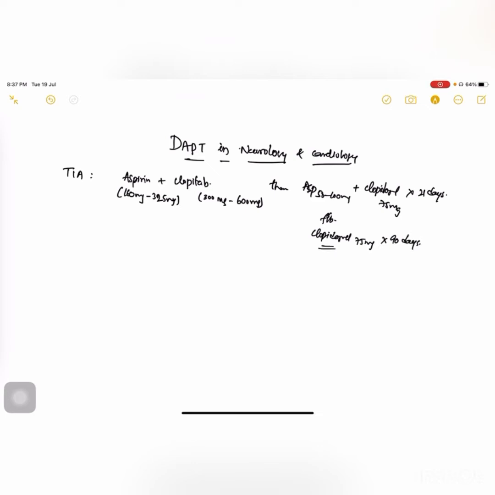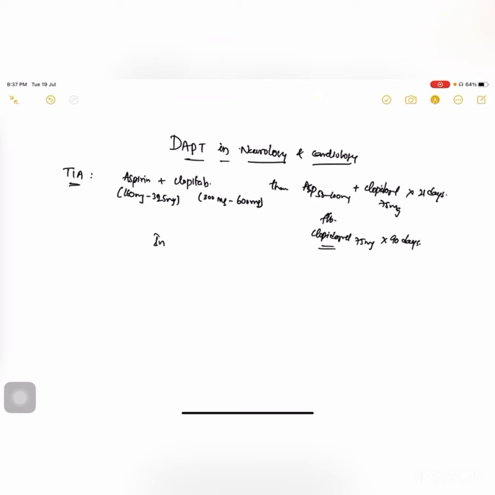Here clopidogrel is given instead of aspirin because aspirin has resistance in some groups of population, but in India aspirin resistance is not much detected in the Indian population. So why do we have to give dual antiplatelet therapy in TIA?